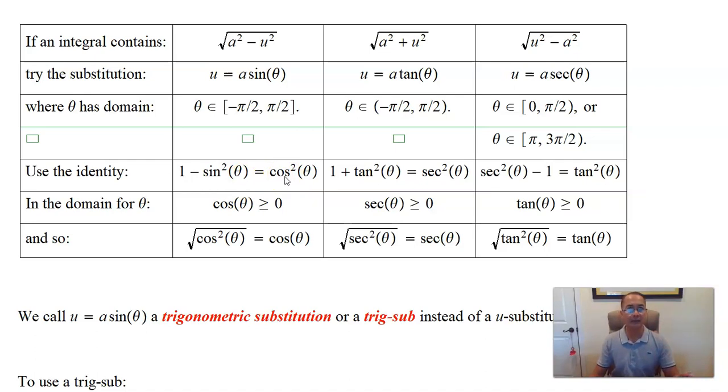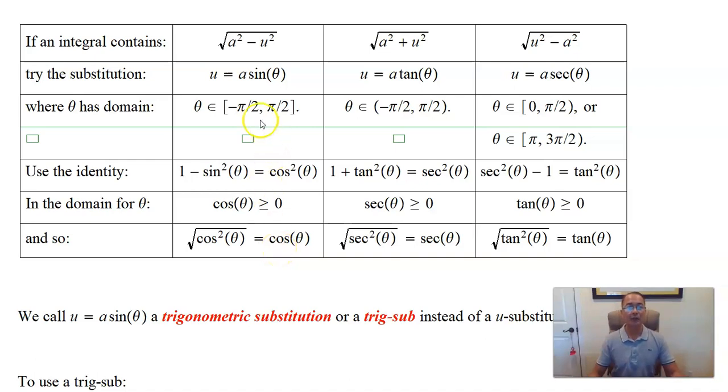But you might say, okay, that's always cosine, or maybe it should be plus or minus cosine. Well, in the domain where theta is from minus pi over 2 to pi over 2, you're on the right side of the circle. There, cosine is positive. Okay? So, the square root of cosine squared theta simply is cosine theta.